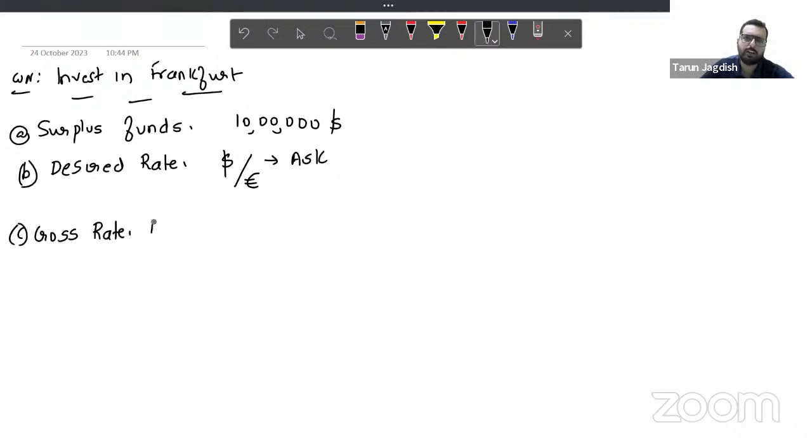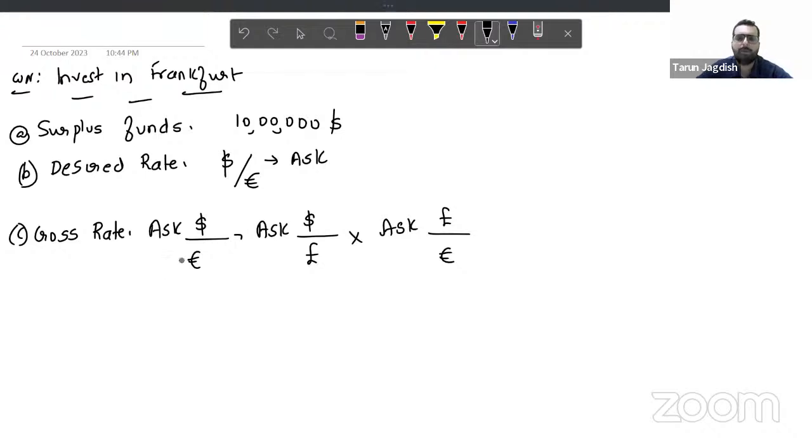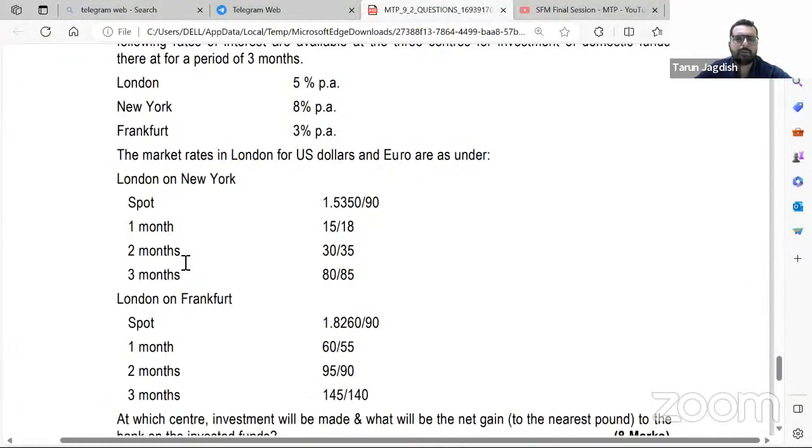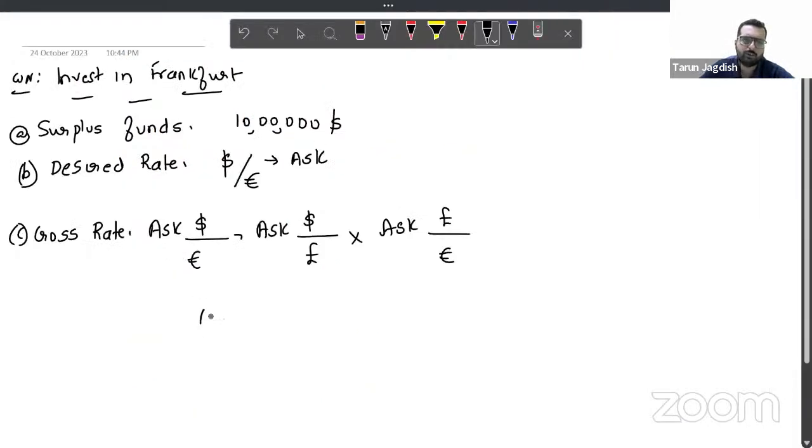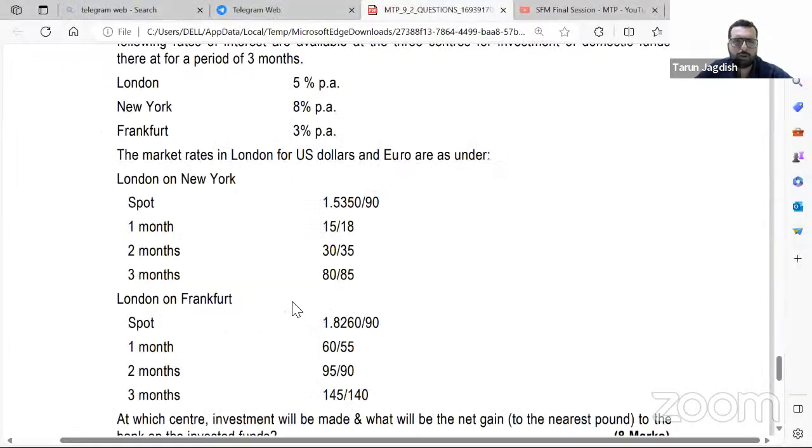So in order to get this, I need to use the cross rate equation. What will be the cross rate equation? Ask dollar per euro is equal to ask dollar per pound into ask pound per euro. So how much is ask dollar per pound? Spot ask dollar per pound is 1.5390 into pound per euro.